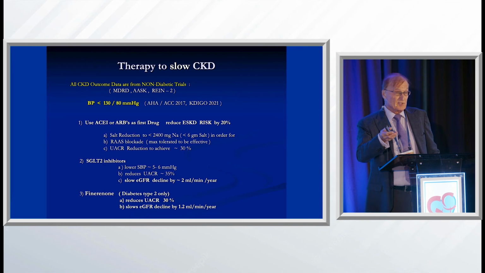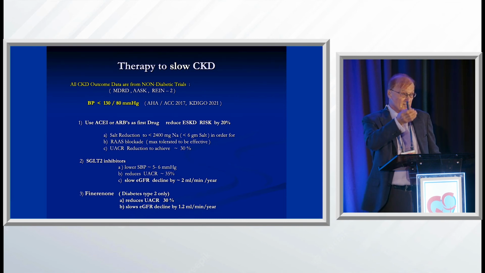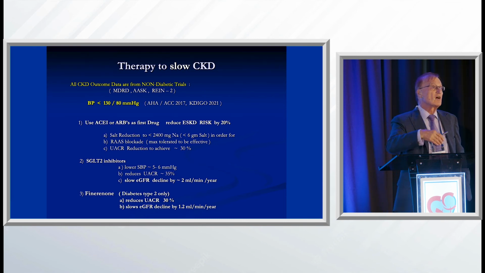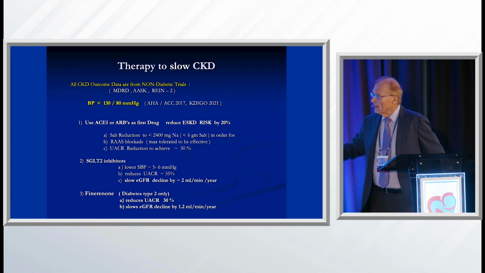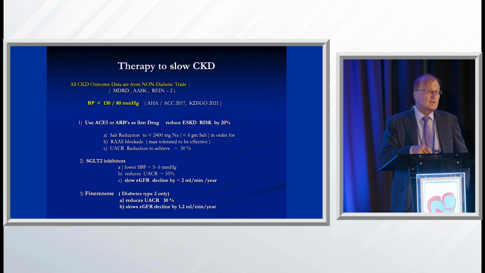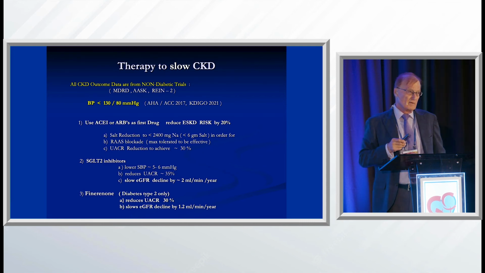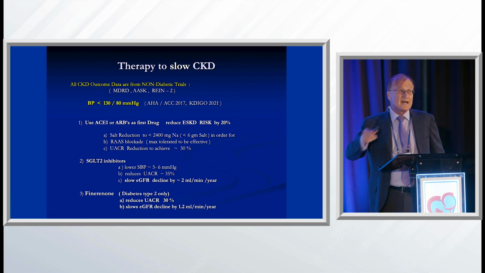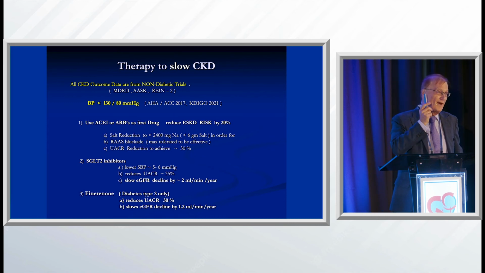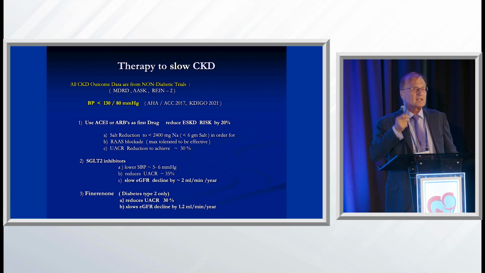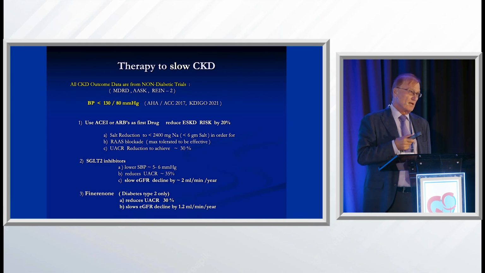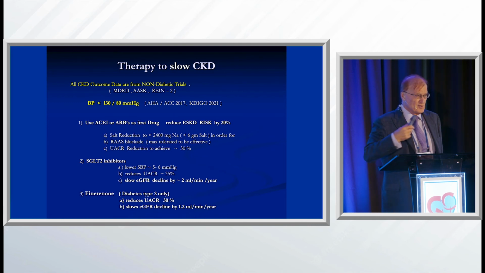I think some of this is diuresis and natriuresis, losing sodium, but they also are clearly vasodilators. And you have then a slowdown of eGFR by 2 ml. So instead of losing 5 ml or 4 ml, you lose 2 ml. And that is true not just for diabetics, that's true for every single CKD cause except polycystic kidney disease, because we haven't studied it.